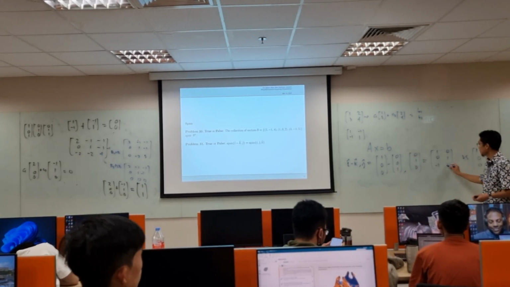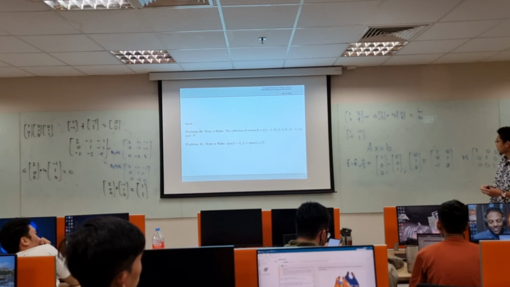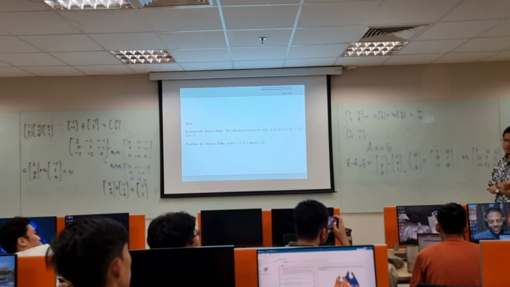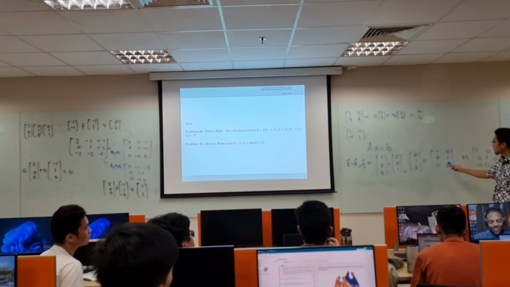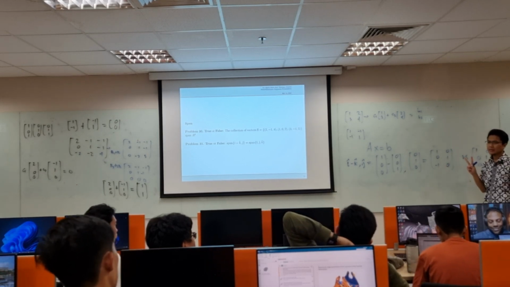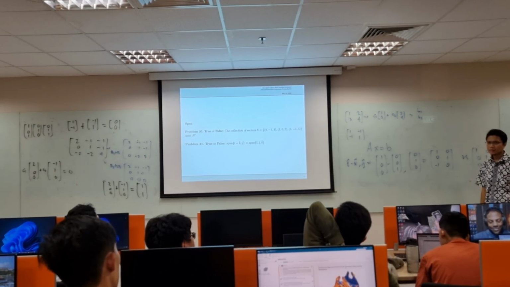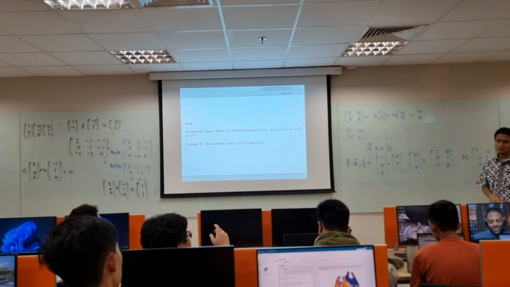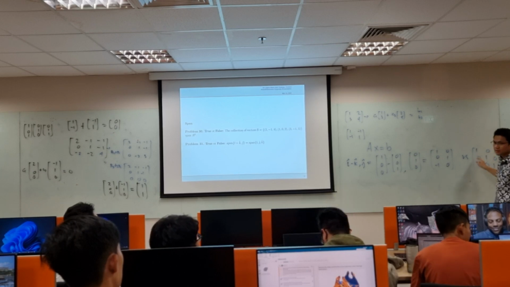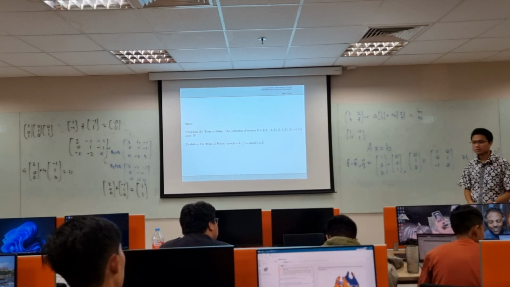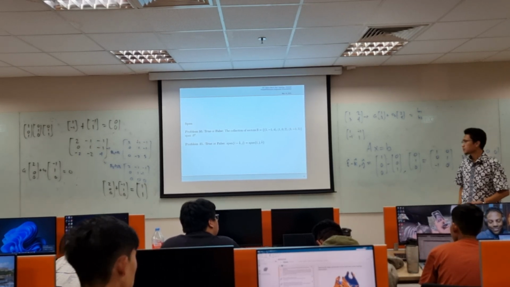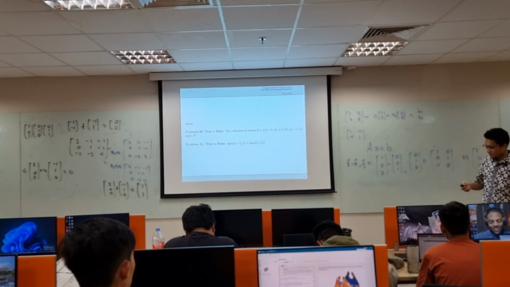This is 0. It's supposed to be 0. Although this is linearly independent, we have only 2 vectors. It's not enough to span the whole R3. So this spans R2, and this spans R3. Okay, let's move on.